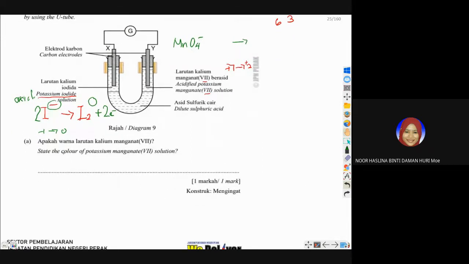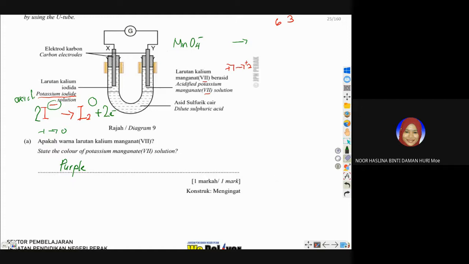Okay, what is the color of potassium manganate 7 solution? The color of potassium manganate is purple. Jadi awak kena ingat, manganate 7 is purple. You just put purple, dapat markah.